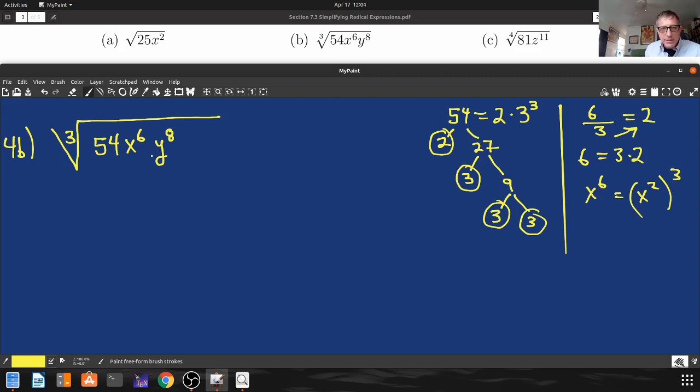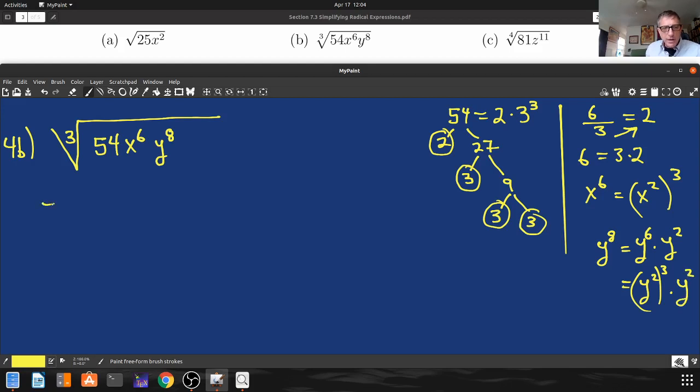And 8, well, y to the 8th is equal to y to the 6th times y squared. And y to the 6th is equal to y squared raised to the 3rd power times y squared.